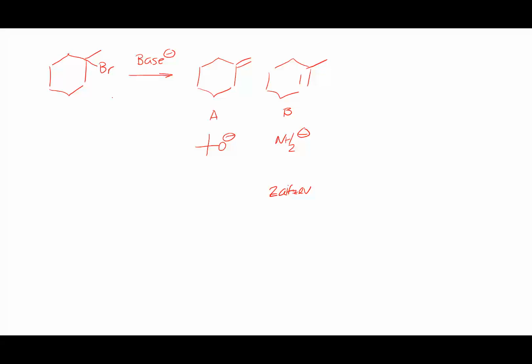Zaitsev had nothing. He had no instrumentation at all to come up with that rule. So determining the structure of maybe a couple molecules might have been a year or a career's worth of work.